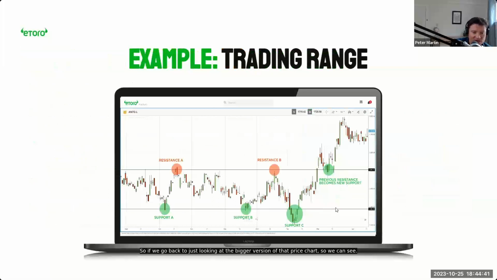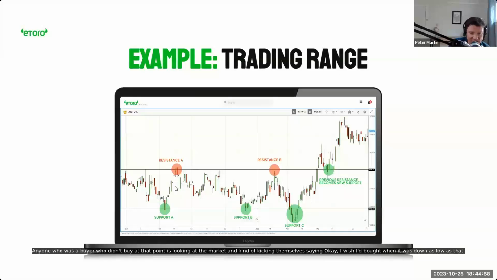If we go back to the bigger version of that price chart, we can see this support price A. The price is moving sideways, it bounces off that and moves higher.